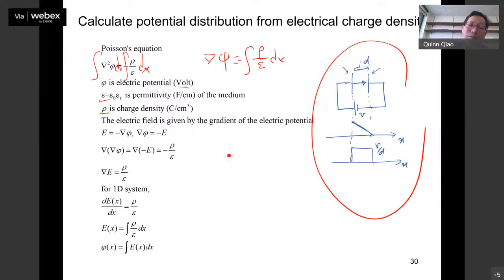The gradient of the potential, the change over the distance, V over d, is basically the electric field. So the electric field will be equal to the integration of the charge density divided by the permittivity. This is the electric field. Make sure this is not energy, this is the electric field.